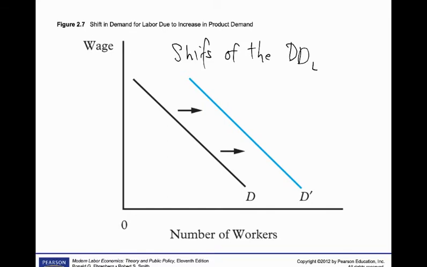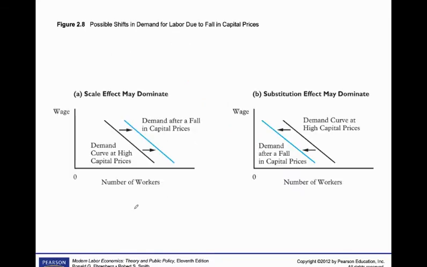Please remember that. In this diagram, we have an example of the shift in the demand curve due to a fall in the capital price. In this example, we consider capital as the other resource. Remember, in the discussion about factors that can shift the labor demand curve, point number 3 is about change in the price of other resources.